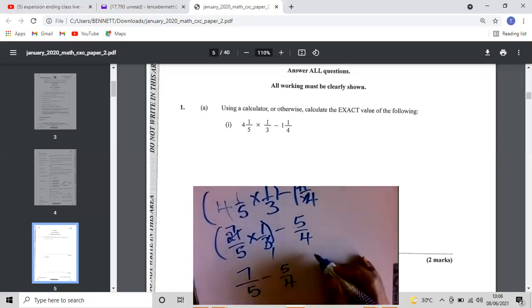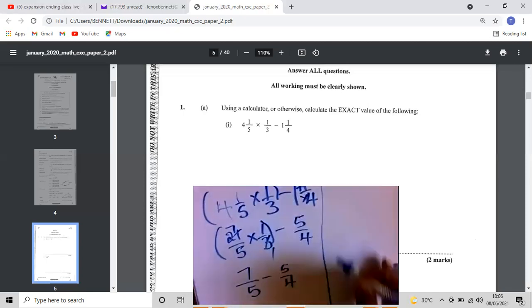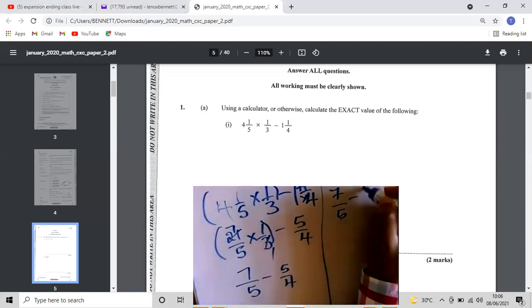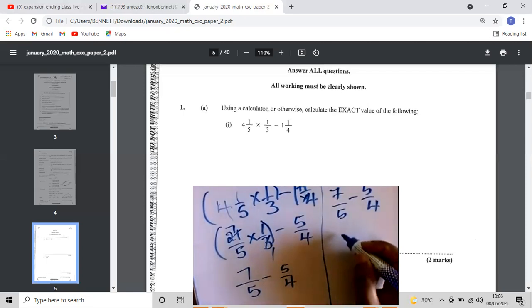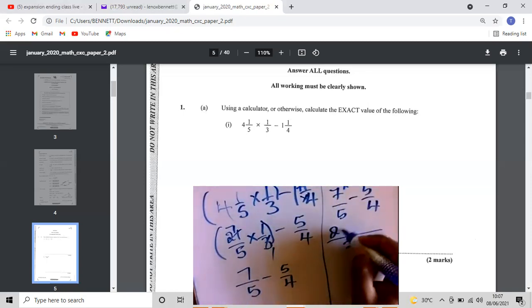So the LCM would be 20. 5 into 20 is 4 times. 7 times 4 is 28, minus 4 into 20 is 5 times, 5 times 5 is 25.